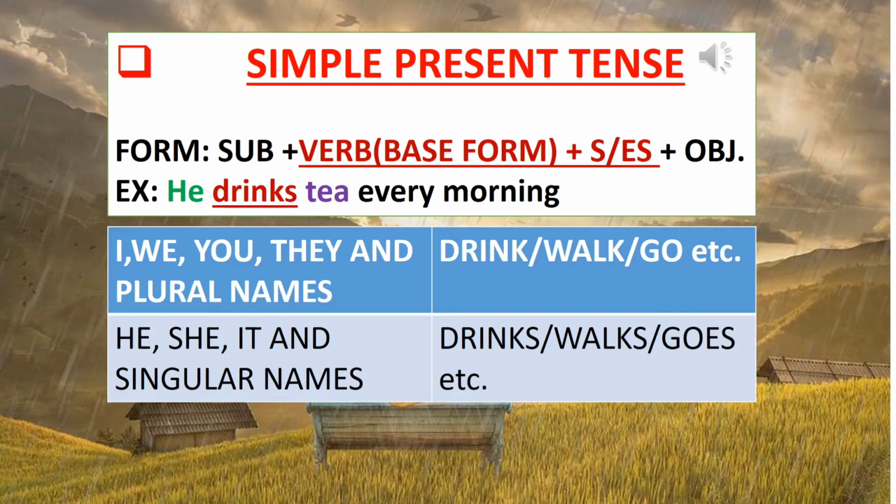With plural subjects like we, you, they, and any plural names, along with I, we have to use the base form of the verb without any change, like drink, walk, go, etc. But when we have subjects like he, she, it, and any singular names, we have to add s or es along with the verb, like drinks, walks, goes, etc.